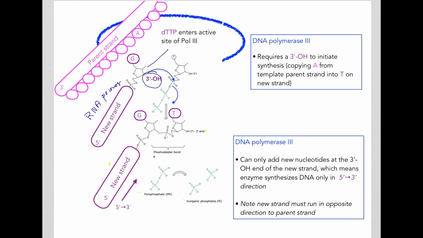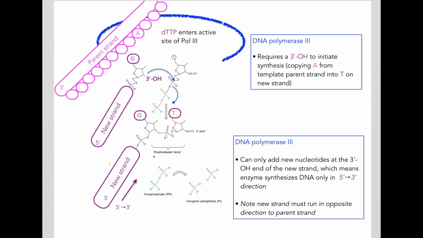Once a short RNA primer is made, then we'll see the 3' hydroxyl group will simply come from the copied DNA strand. So that's one requirement for DNA polymerase 3. It requires a free 3' hydroxyl to initiate the synthesis of new DNA.